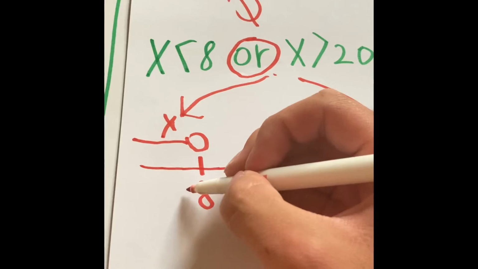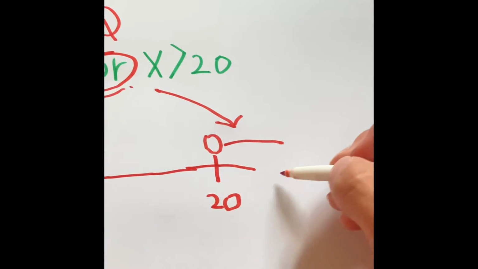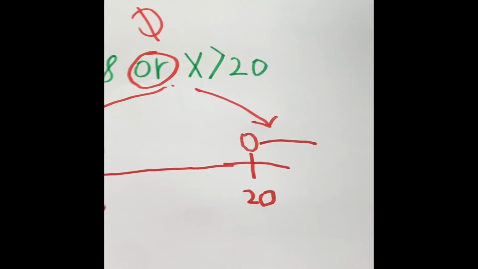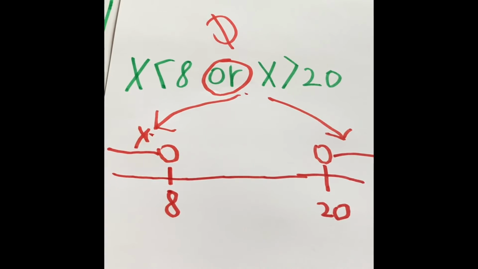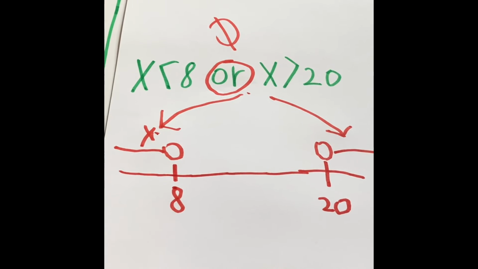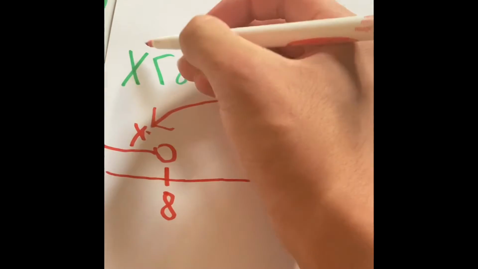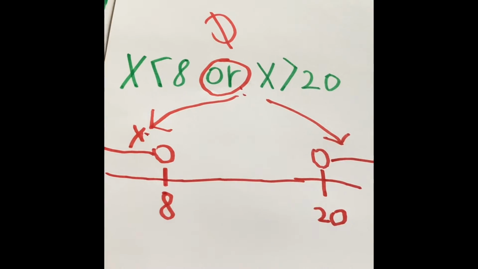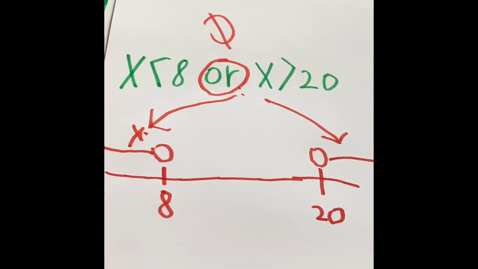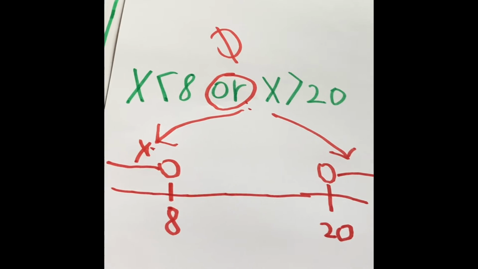Any number like 7 and below can count for x, or any number above 20, like 21, 22, and more, that would still also count, because this kind of problem only lets you slack off the work. They're saying if one works, that's awesome, but if both work, that's still okay. What really matters is only one number needs to work.